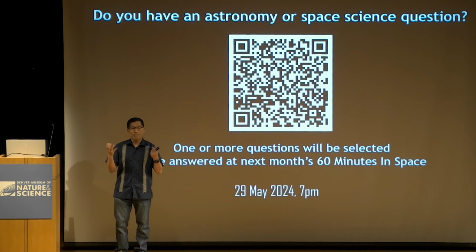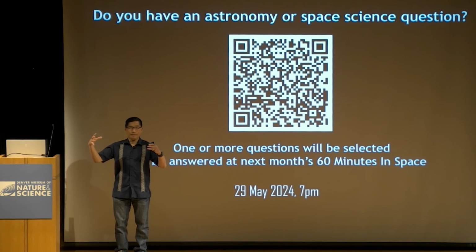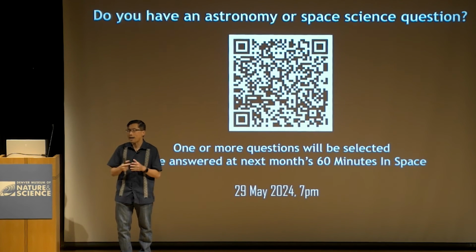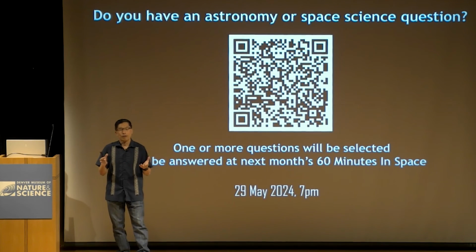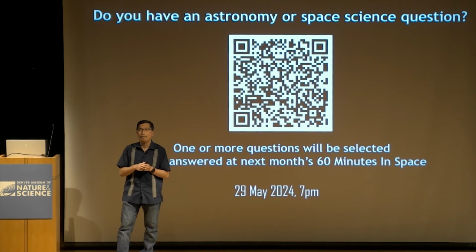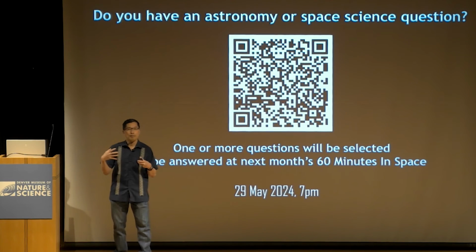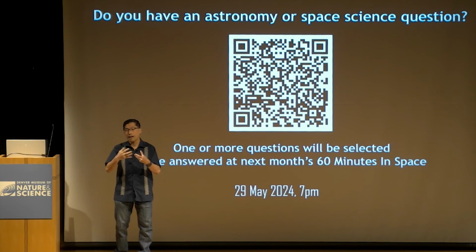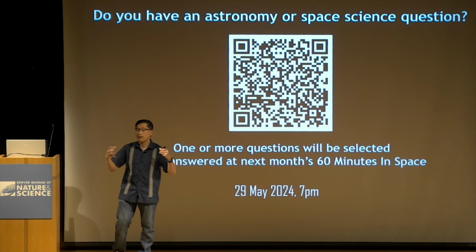So one of the discoveries that we made in the last half century, or more actually now, is that galaxies aren't just floating out there alone by themselves, but they are clustered together by gravity. And these clusters themselves could be clustered into superclusters.